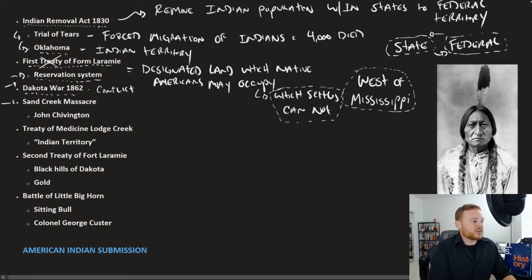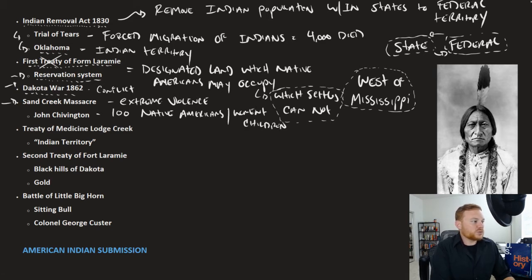The Sand Creek Massacre was another example of extreme violence between the U.S. Army, I believe, and Native Americans in Colorado. You had John Chivington, who was responsible for killing 100 Native Americans, many of which were women and children.